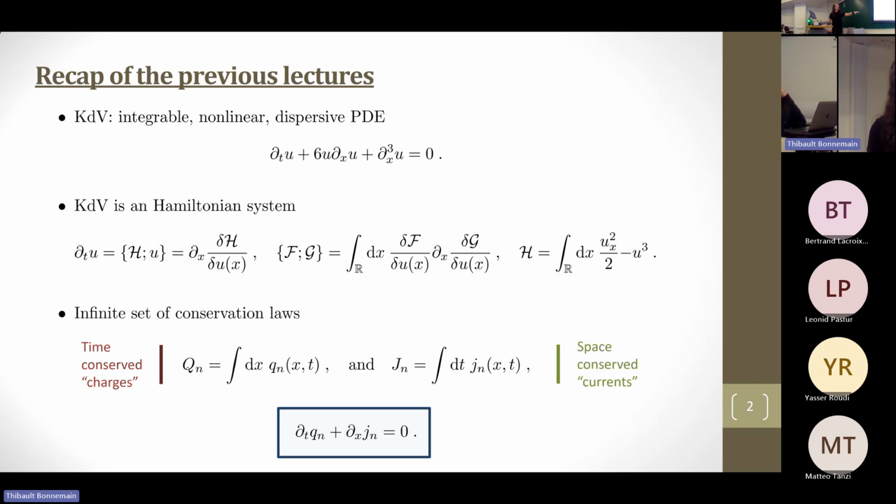And since those charges are conserved in time, they also have associated space-conserved currents. So this big J is here, and the density of currents is related to the density of charges through this continuity or conservation equation here. And this will be the basis that we'll use to later construct the hydrodynamics of the KdV soliton gas.